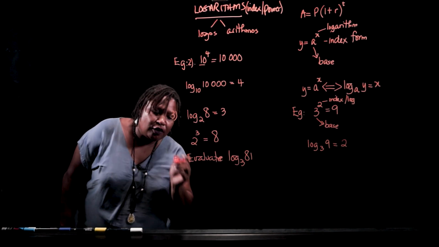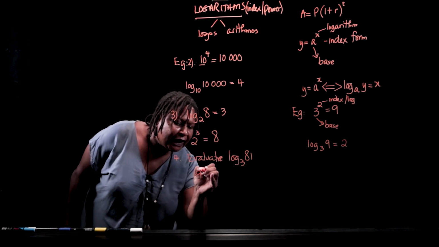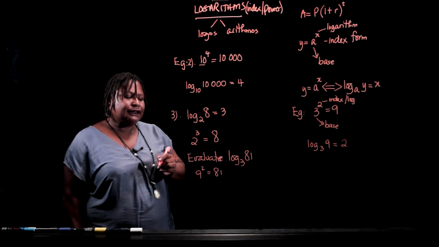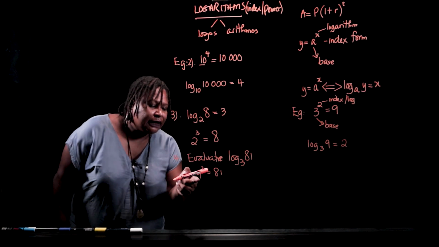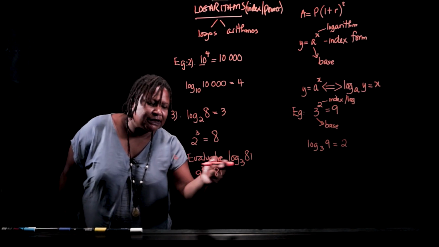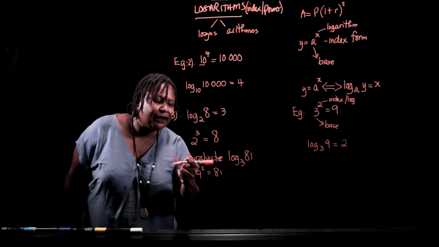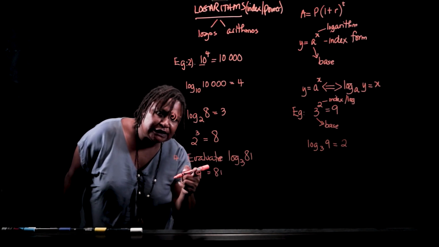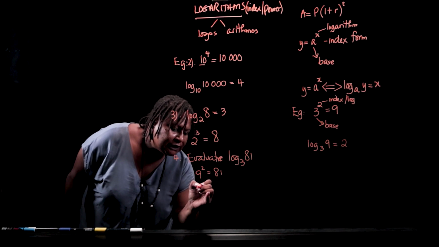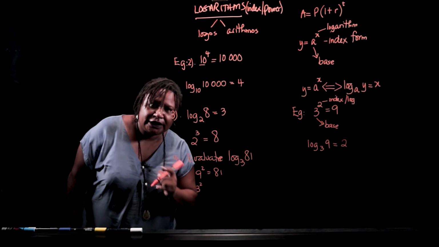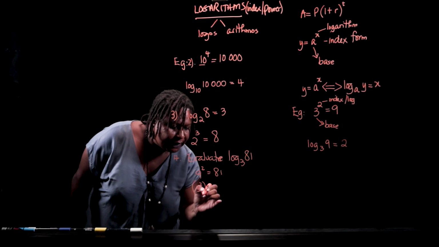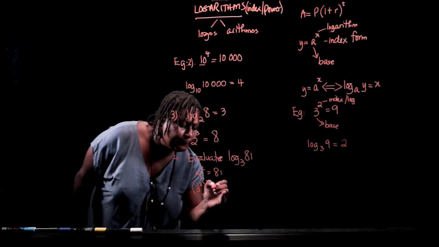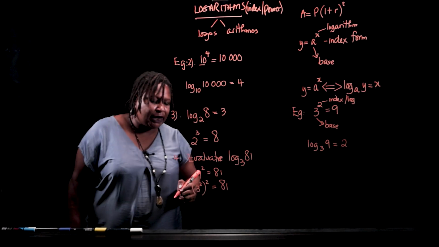Now, you already know that 9 squared is equal to 81. But 9 is not the base that we are asking for. It says evaluate with base of 3. So we know that 9 is a square number: 3 to the power of 2 will give us 9. You put that in brackets and raise it to this index again to give you 81.